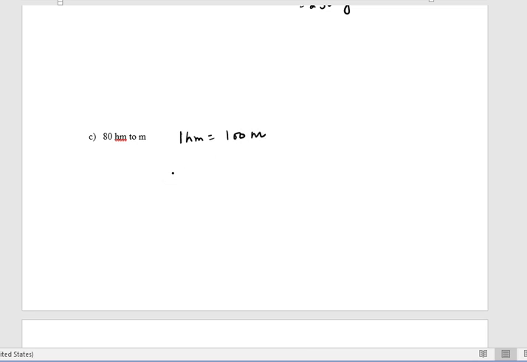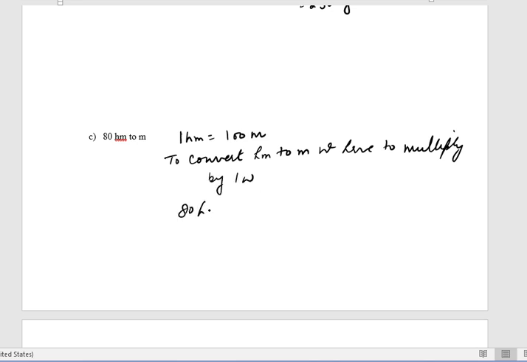So to convert hectometer to meter, we have to multiply by 100. So 80 hectometer equals 80 into 100 meters. So it will become 8,000 meters. I hope it is clear.